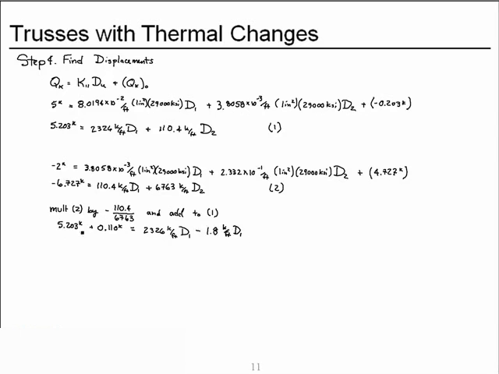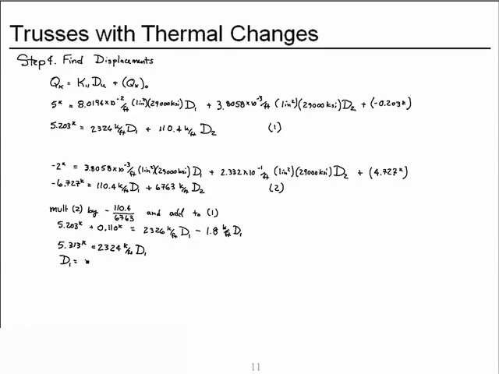So when I combine the left-hand side, I get a 5.313 kips. When I combine the right-hand side, I get a 2324 kips per foot d1, and I solve that.